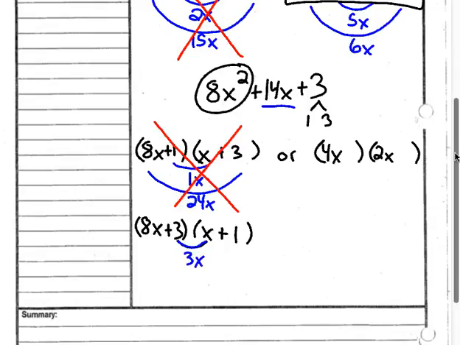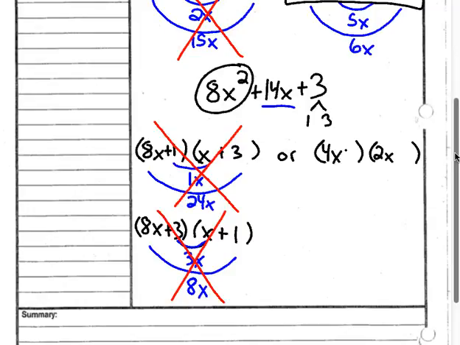I get 3x and 8x. Still not giving me 14x. So that one, once again, did not end up working. So trying both of those combinations shows me that 8x and x is not really the combination that I'm looking for. So now I'm going to shift gears to that right-hand side.